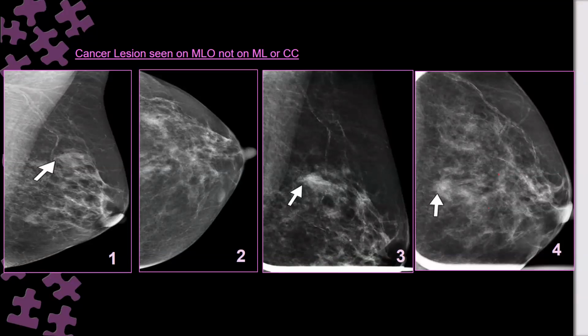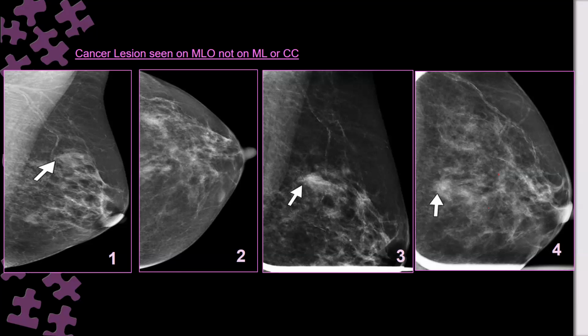Do you mean the spot magnification doesn't help you? Still you are in doubt, is it a true lesion or a pseudo lesion? So it doesn't help you much. Okay, let us go further.